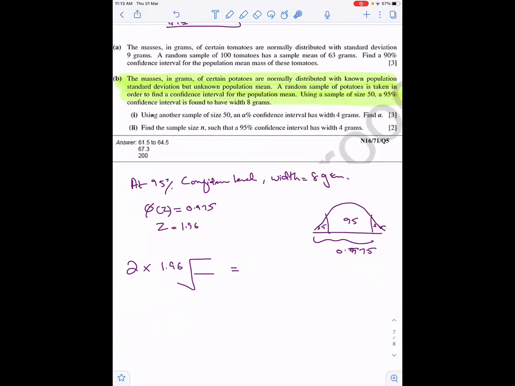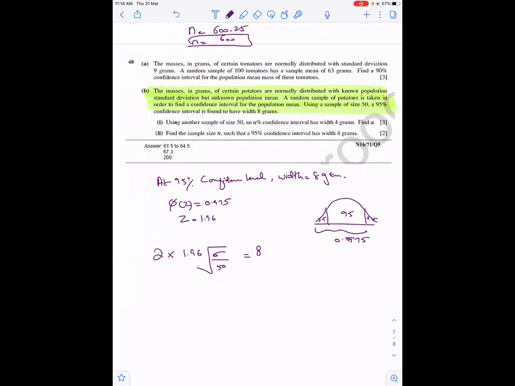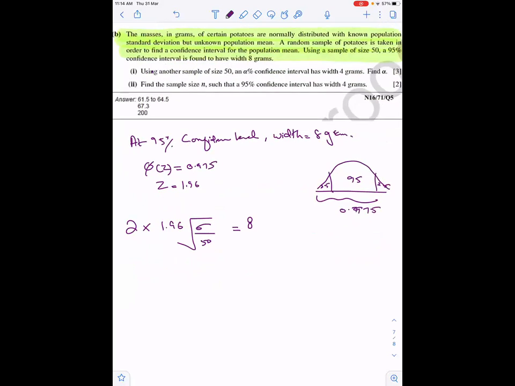Standard deviation is not known right now, so we can keep it as standard deviation here, and the value n, the sample size, is 50, and the width is 8 grams. So from here we can get the standard deviation.